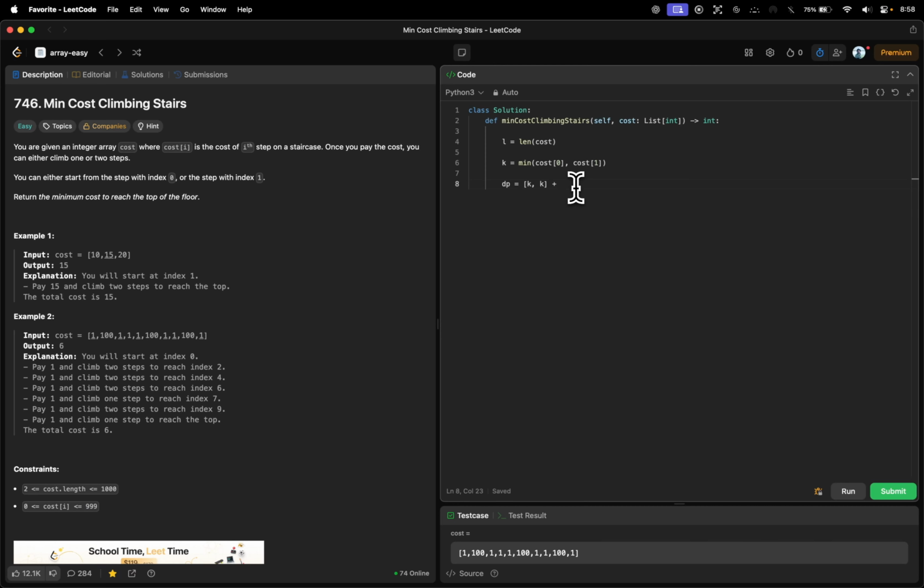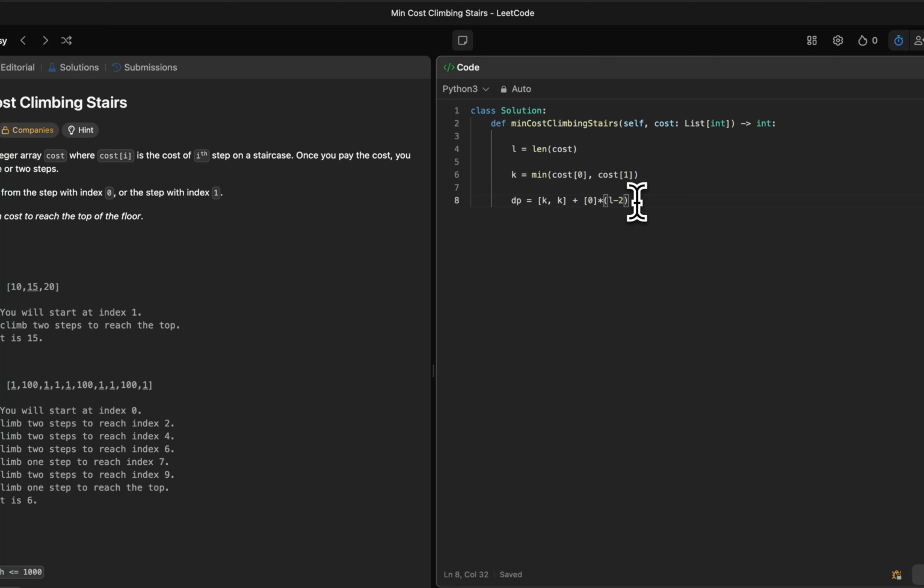L is the length minus 2. I start with a 0 and then multiply with the length minus 2. Let's say 3 minus 2 would be 1. Okay, so I have the list prepared.